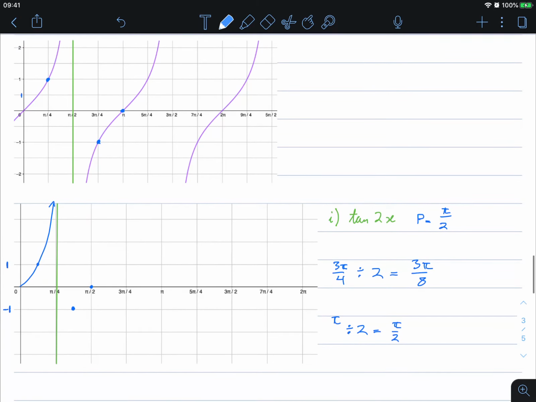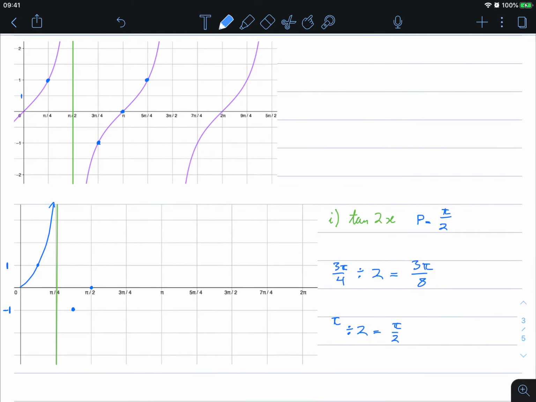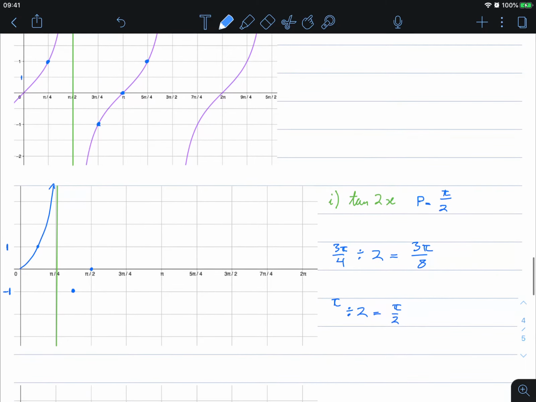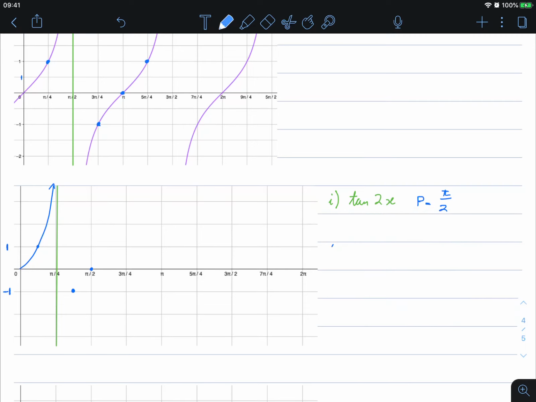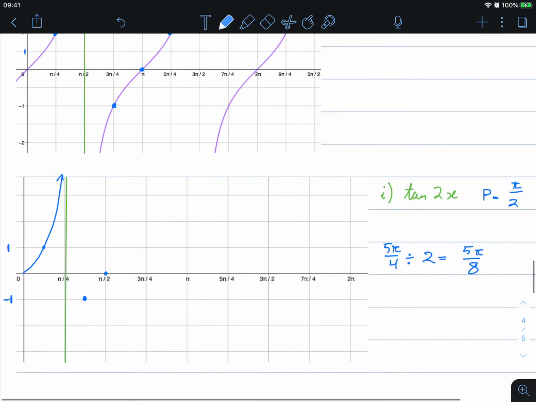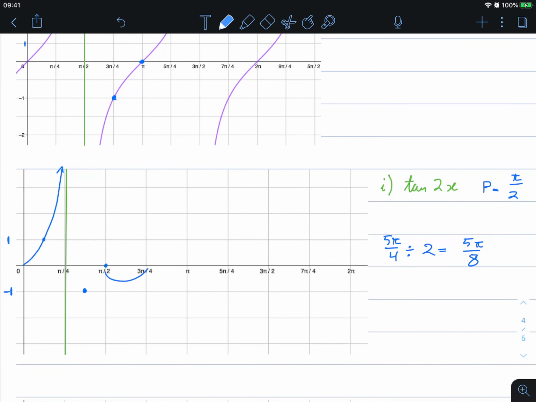Finding our next critical point, this 1 here, it's at 5 pi on 4. We're always going to divide by that coefficient, which becomes 5 pi on 8, which you can check yourself. It's going to be halfway between these two values here. So that point there is going to be our 1 value.